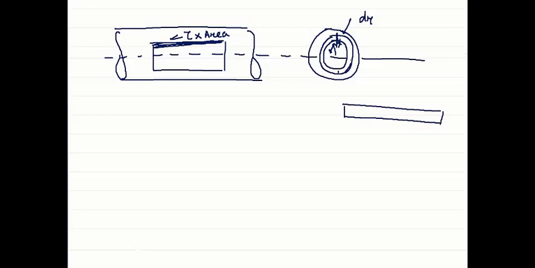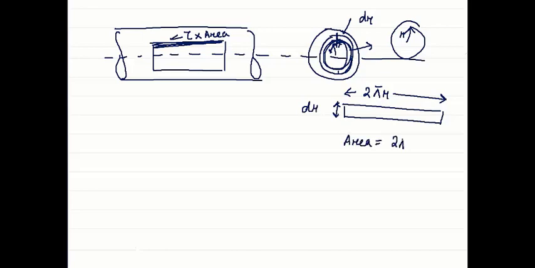What will be the circumference of radius r? We know that the circumference will be twice pi r. So this length will be the total circumference, and what will be the thickness? The thickness will be small dr. So what is the area? It is twice pi r dr, right?